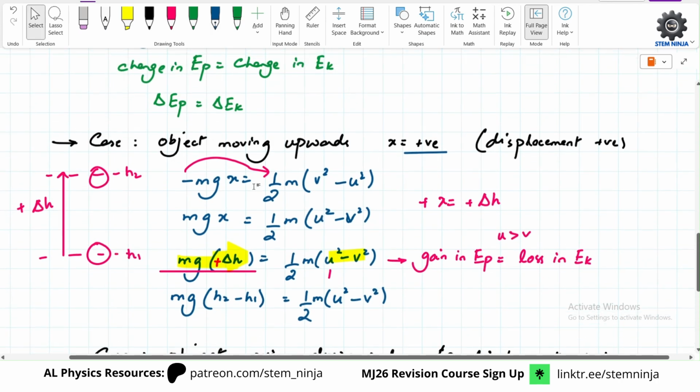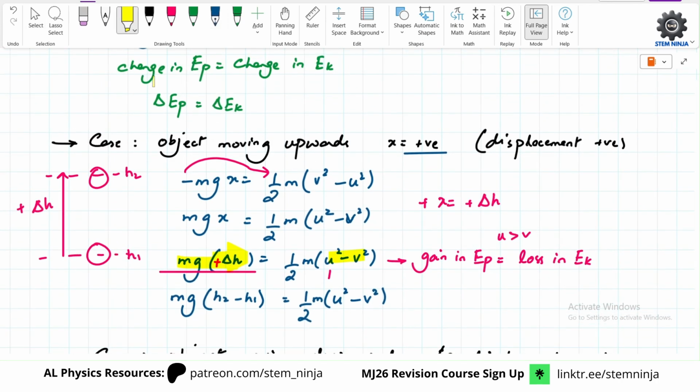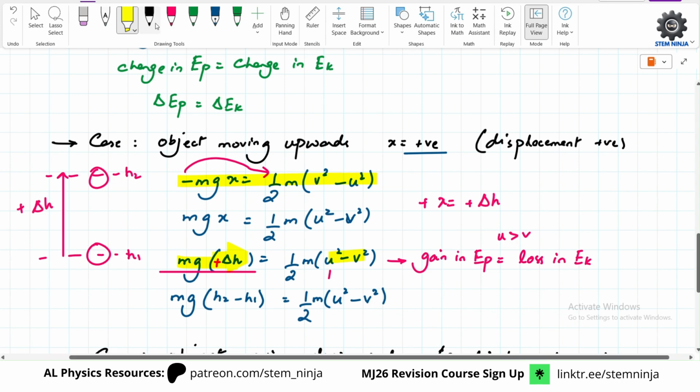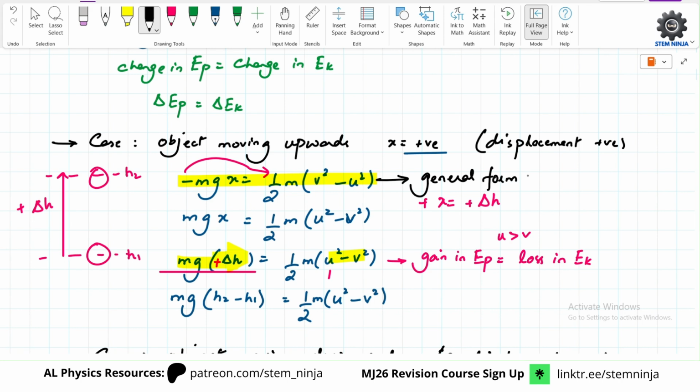But the general case, the general form, is basically this one. This is your general form. Depending on what we actually are trying to accomplish, you can reuse that, whichever one we want, depending on whether its displacement is positive or it's negative.